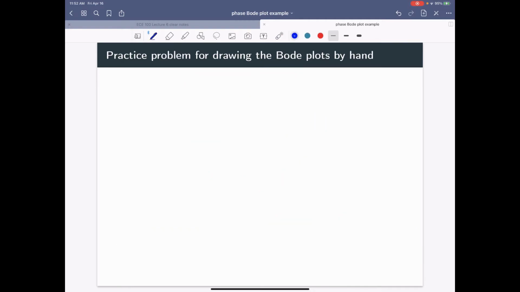All right, so far we know that the angle of H of j omega, this is the phase of H of j omega, is equal to the angle of this function, 1 over 1 plus j omega divided by 1, plus the angle of this function, 1 over 1 plus j omega over 10.